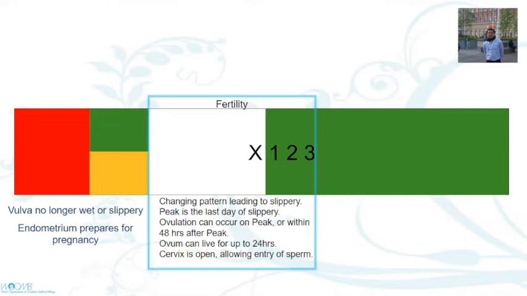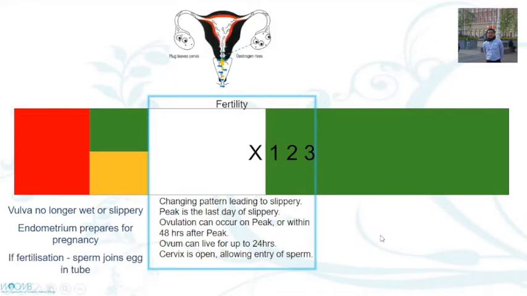If there is an ovulation, there will be an implantation. So the endometrium is being prepared. If there is an ovulation and a fertilization, then of course the endometrium is already prepared.